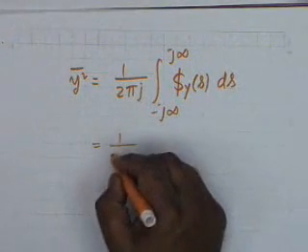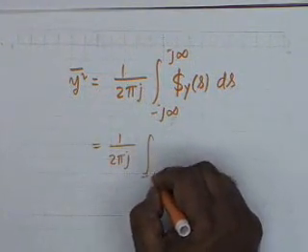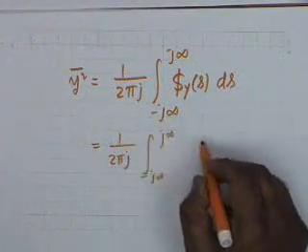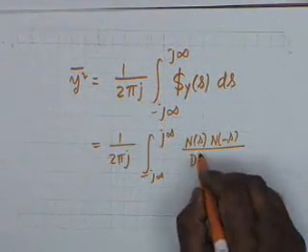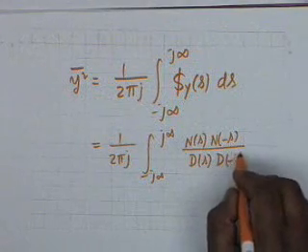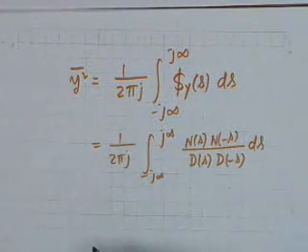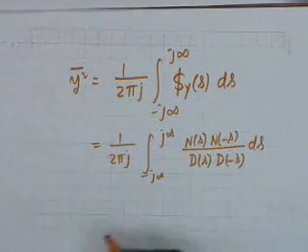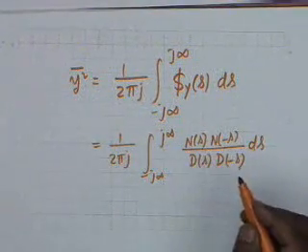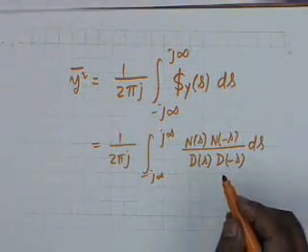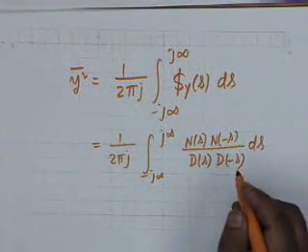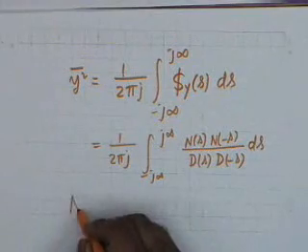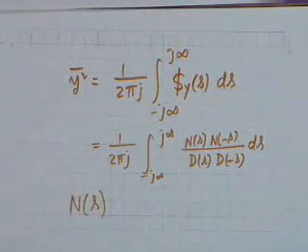And as you recall, hopefully, we write this as n of s, n of minus s divided by d of s, d of minus s, ds, and we choose n of s and d of s to contain the left half plane roots. In this particular case, what would be n of s?